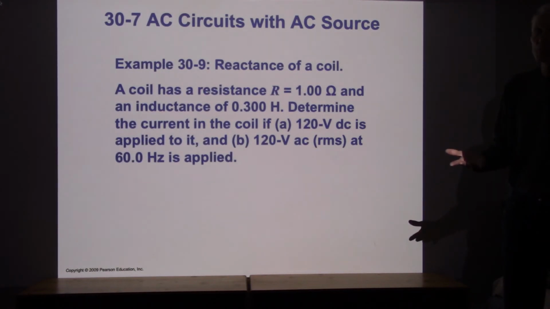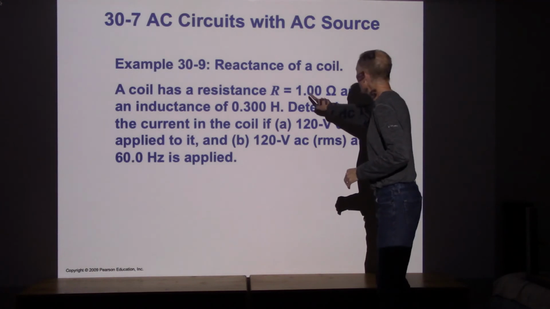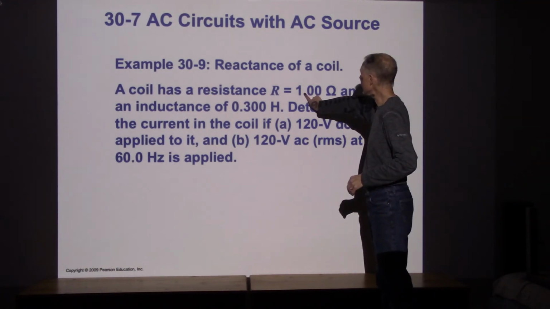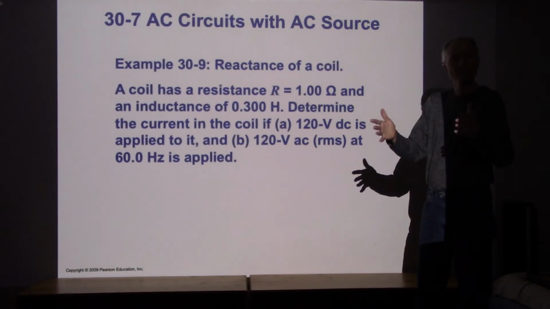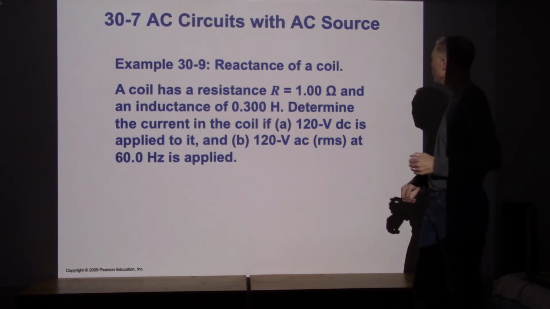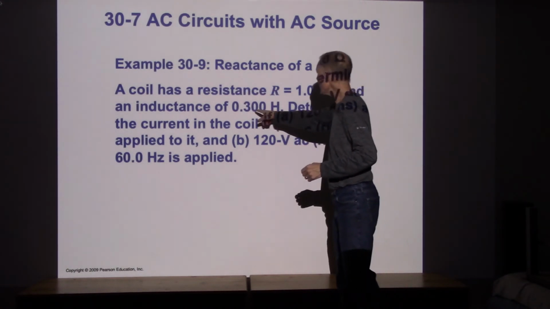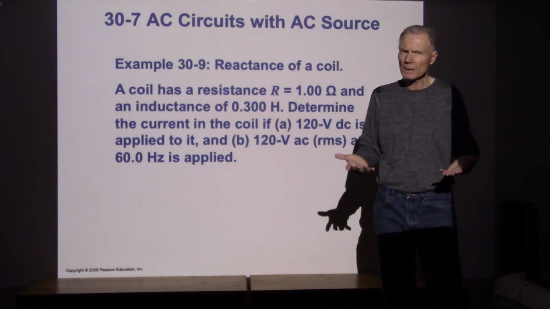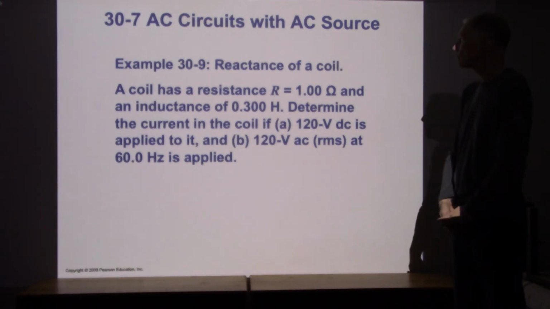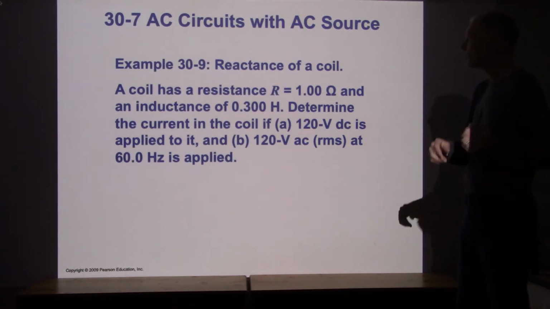I don't think that's what they meant. I ran through the numbers on this, so I'm going to take this decimal out and say the resistance is 100 ohms. So let's say we've got a resistor with 100 ohms, and an inductor with 0.300 henries, or 300 millihenries, of inductance. Those are the values for R, and those are the values for L.